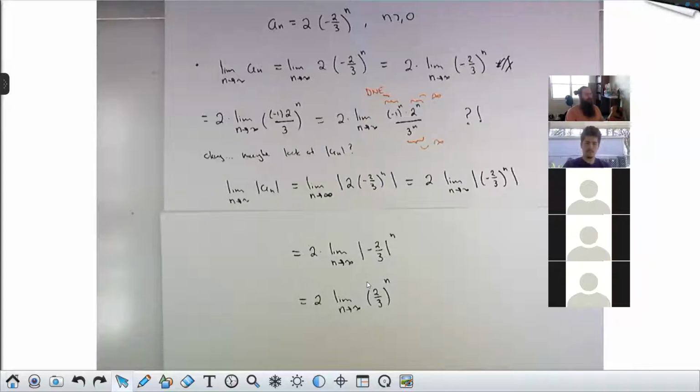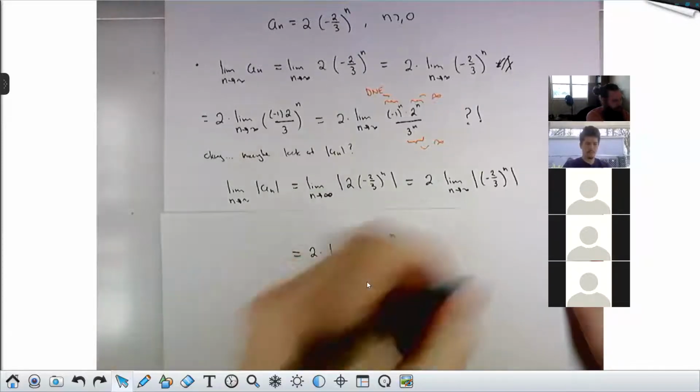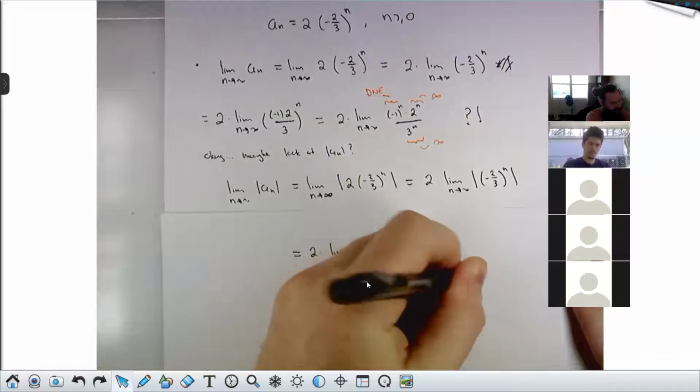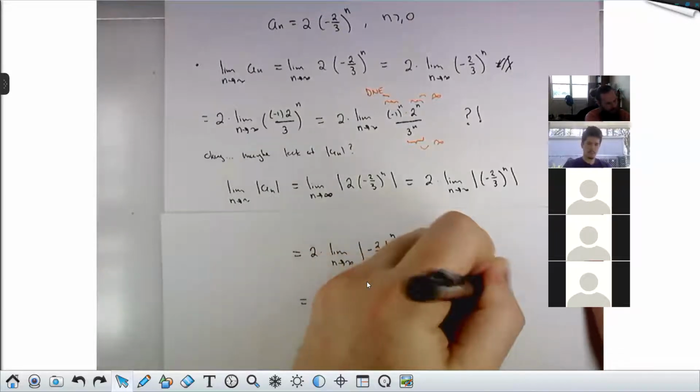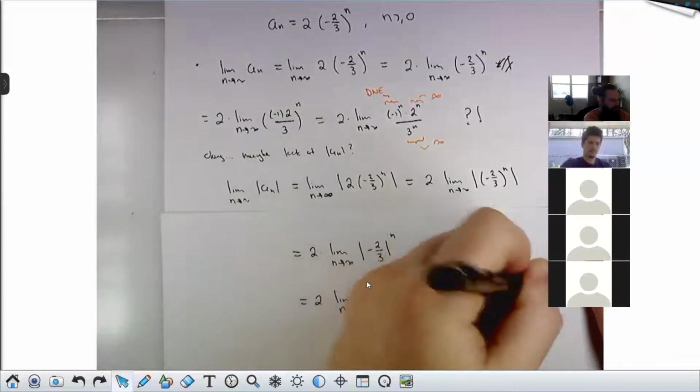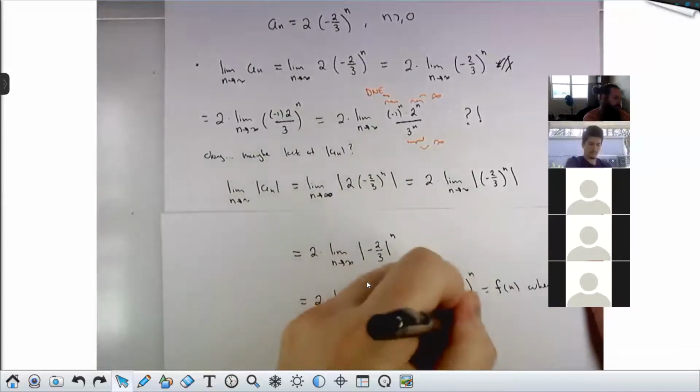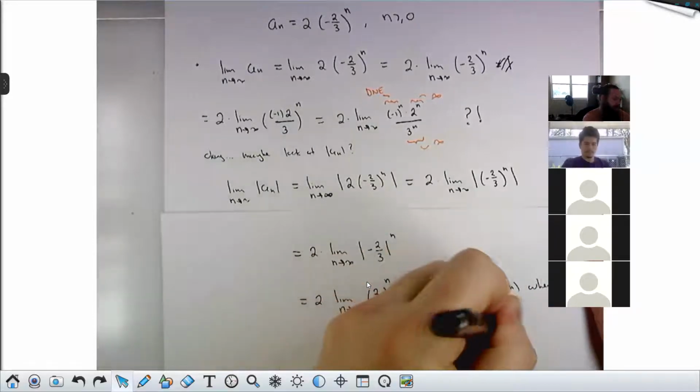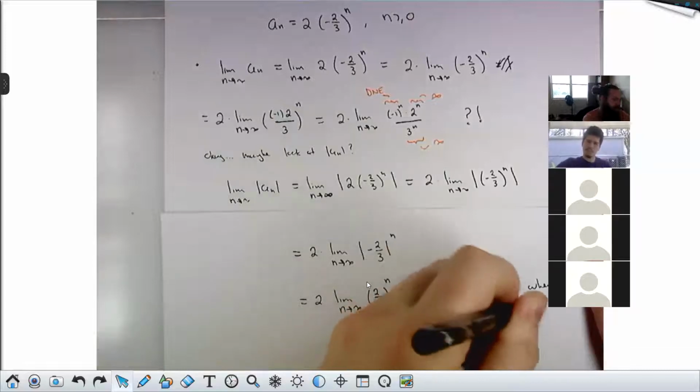You guys remember when you first learned about exponential functions way back in algebra land? 2/3 to the n is equal to f of n, where f of x is 2/3 to the x.